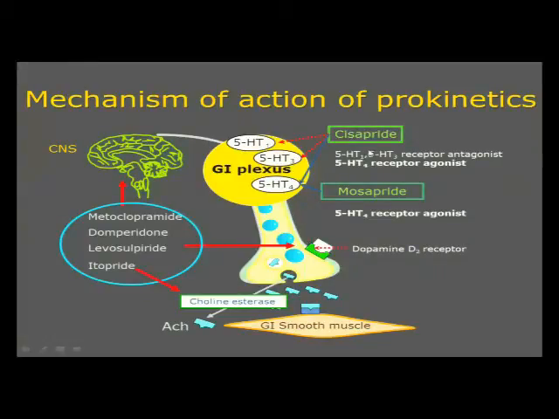Here is the mechanism of action of prokinetics. Prokinetic agents, including mosapride and cisapride, stimulate digestive motility. Both agents are thought to stimulate serotonin 5-HT4 receptors in the GI plexus, consequently increasing the release of acetylcholine and hence enhancing GI motility and gastric emptying.